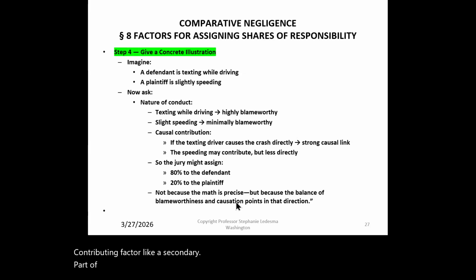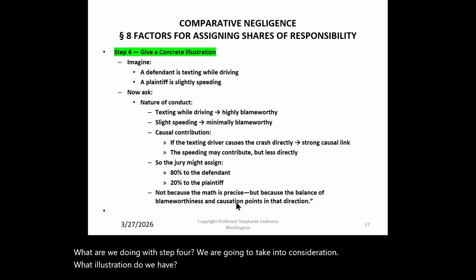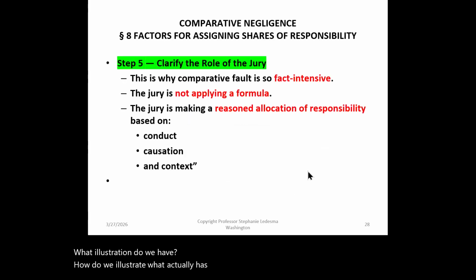Step 4, what are we doing with step 4? We are going to take into consideration what illustration do we have? How do we illustrate what actually has occurred? Step 5, we're going to clarify the role.